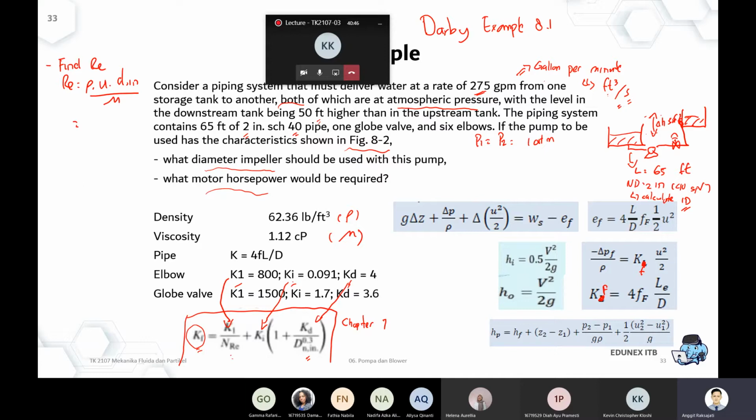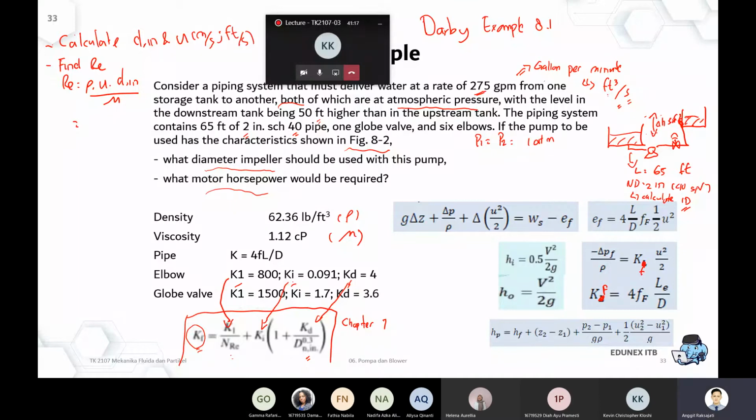But this has not been completely provided. So rho is provided, and u, the linear velocity, has not been provided. So actually, you have to calculate the inside diameter and u first, in meters per second or feet per second.